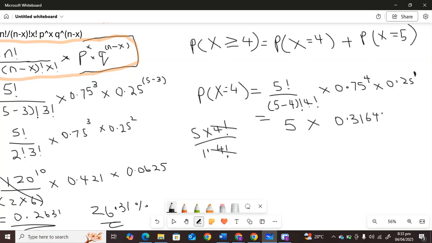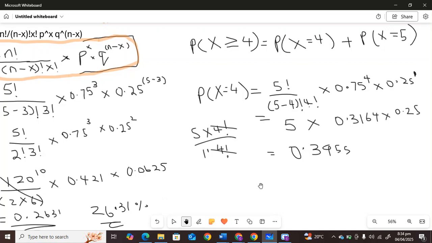0.3164. Okay, 0.25 to the power 1 is just the same as 0.25. So 5 times 0.3164 times 0.25, what do we get? 0.3955.